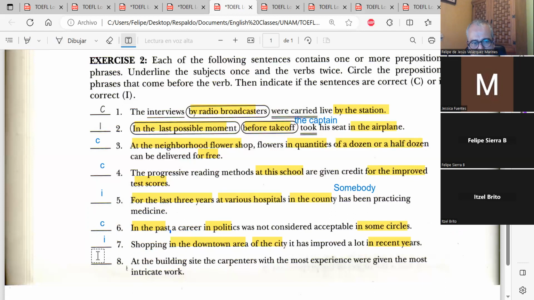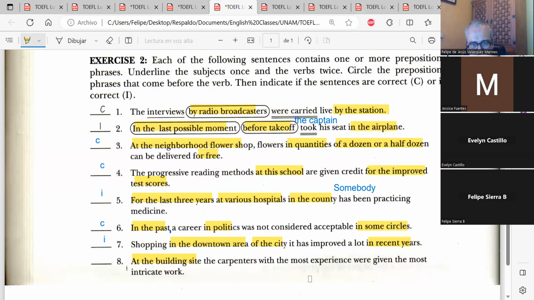Then we have Evelyn, yes. At the building site, the carpenters with the most experience were given the most intricate work. The prepositional phrases are at the building site and with the most experience. So the subject is the carpenters.